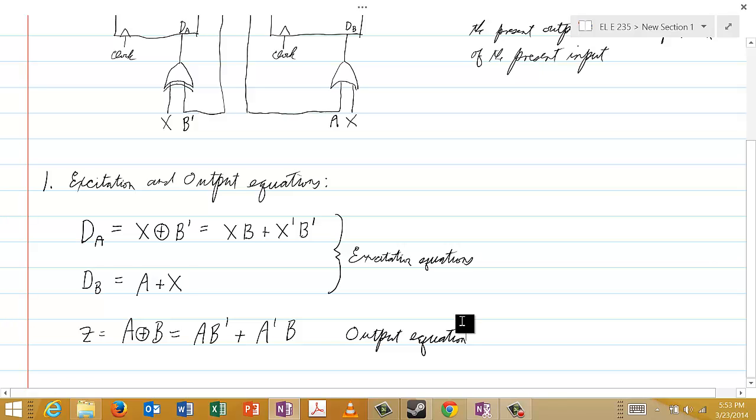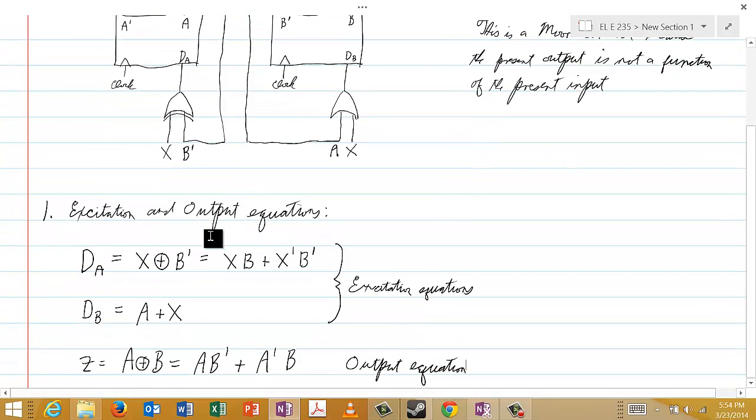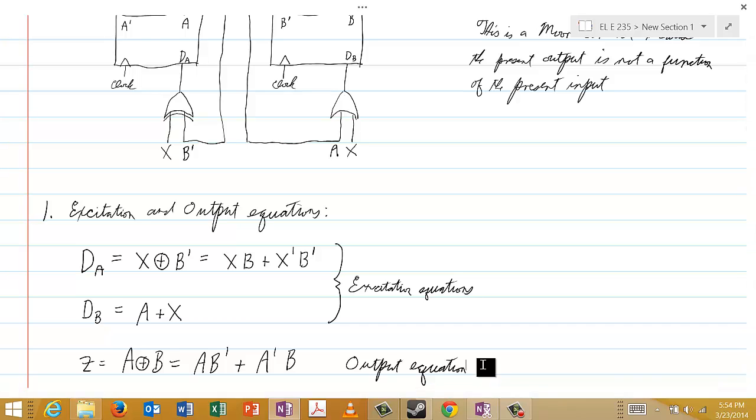Now, there are a couple of other comments I'd like to make. First of all, in this sequential circuit, we only have one output, Z, but it is possible for a sequential circuit to have a number of outputs, Z1, Z2, Z3, and so there could be just one output equation, or there could be multiple output equations, but there should be one output equation for each output that you have in the circuit.